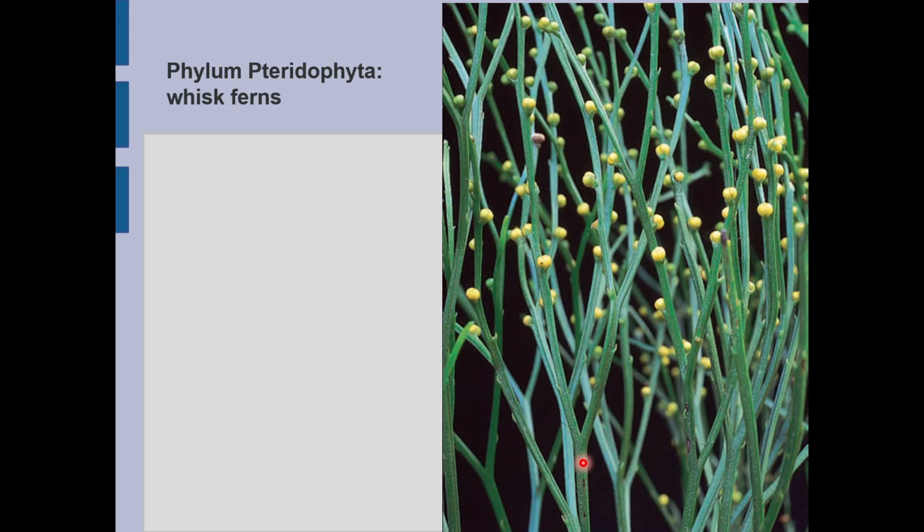This fern is very common. It's called Psilotum nudum, and it has a horizontal underground rhizome with rhizoids and vertical stems, and there are no leaves.